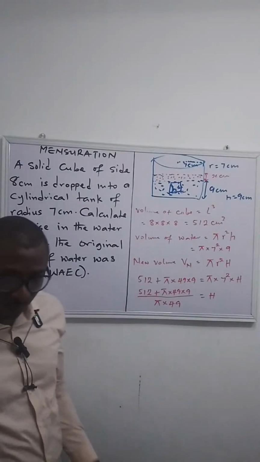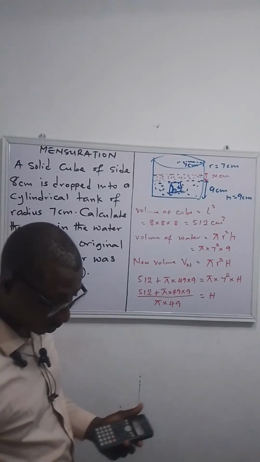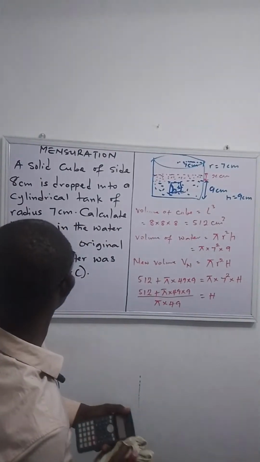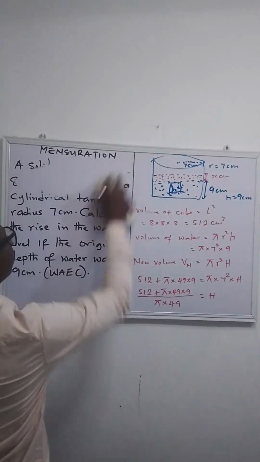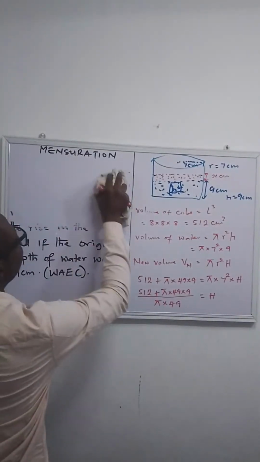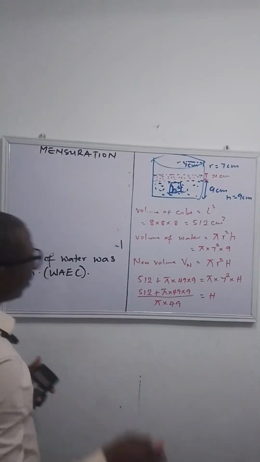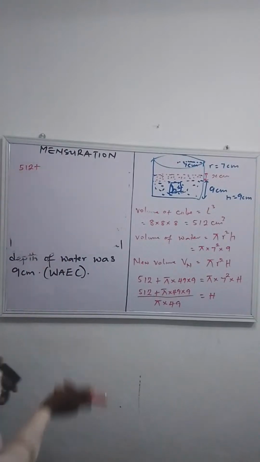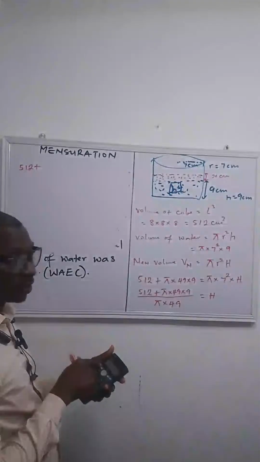So now let's evaluate this. You can compute that in your calculator. Let's see what we are going to have. All right, so we have 512 plus, now here you just have your pi on your calculator.